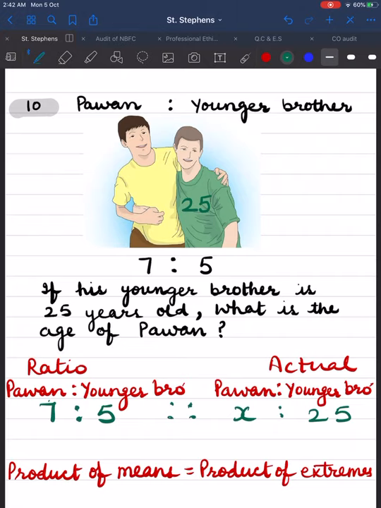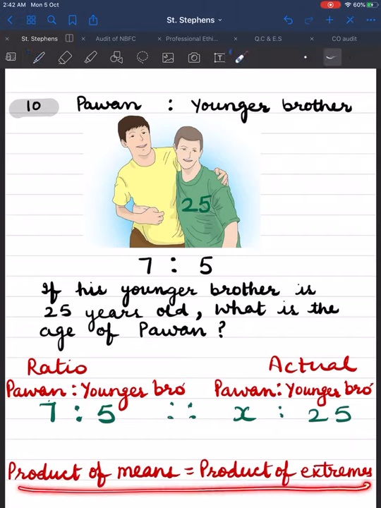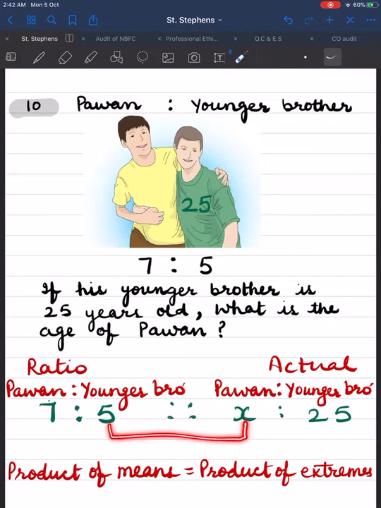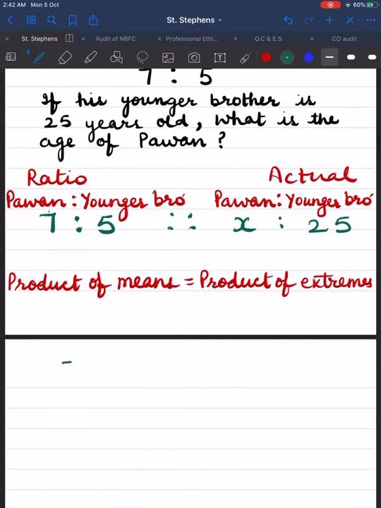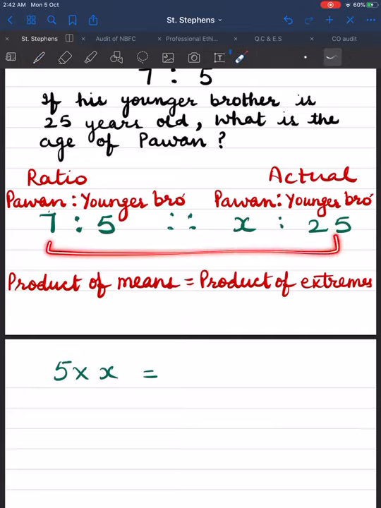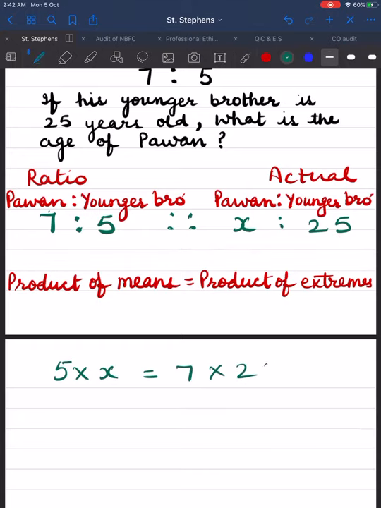So product of means is equal to product of extremes. For product of means, multiply 5 and X. So we have here 5 into X is equal to, for product of extremes, multiply 7 and 25. Transpose 5 to the other side.